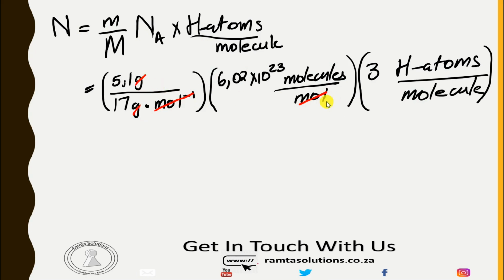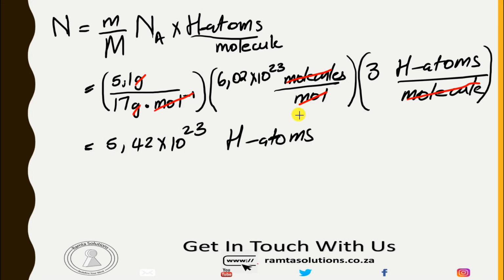And then molecule cancels with molecule. What do you get? You still get 5.42 times 10 to the 23 H atoms.